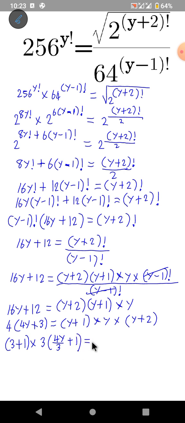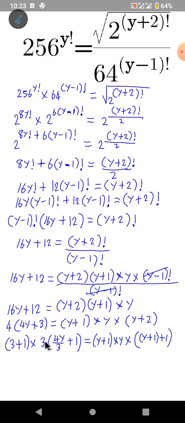Then all equal to y plus 1 times y, then times, now this y plus 2 I'm going to write as bracket y plus 1, close the bracket, then plus 1. Then after I've finished doing it like this, I can compare both sides of this expression.